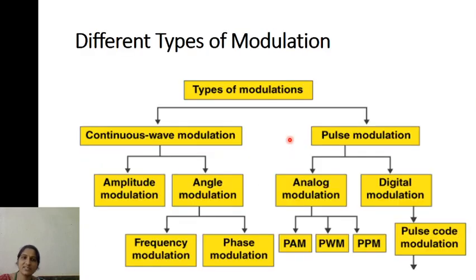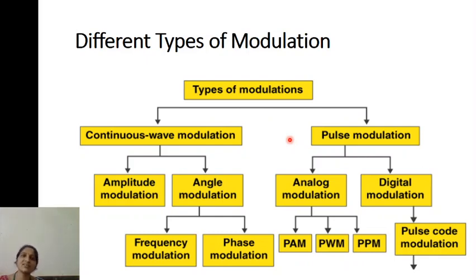So what is modulation now? Modulation means you are superimposing a modulating signal. That means the signal which has the information is combined with the carrier signal so that you obtain the modulated signal. The different types of modulation are continuous wave modulation and pulse modulation. In continuous wave modulation, the carrier signal is continuous.